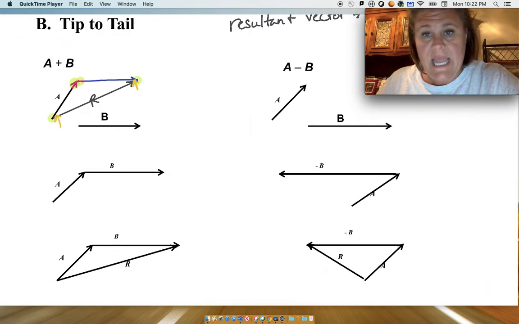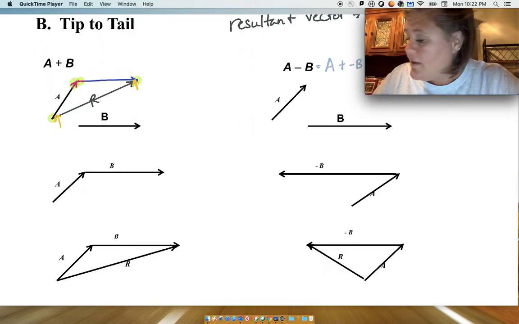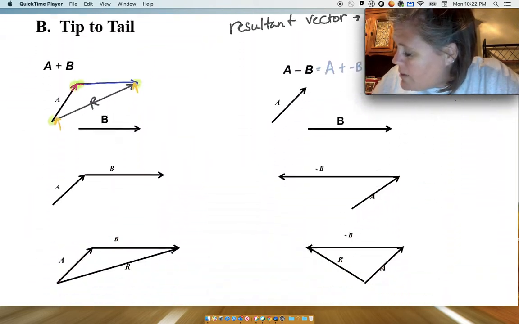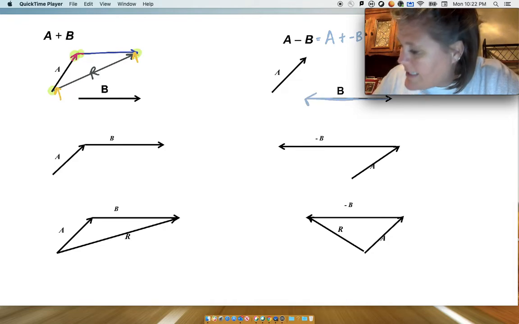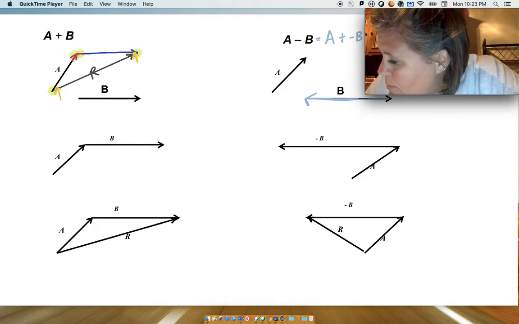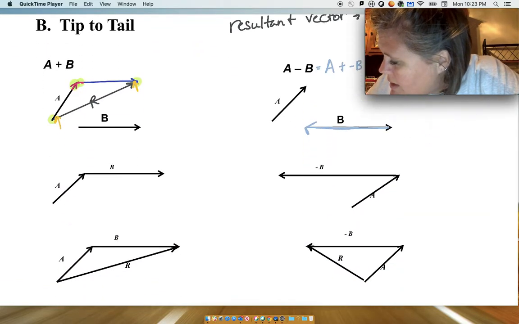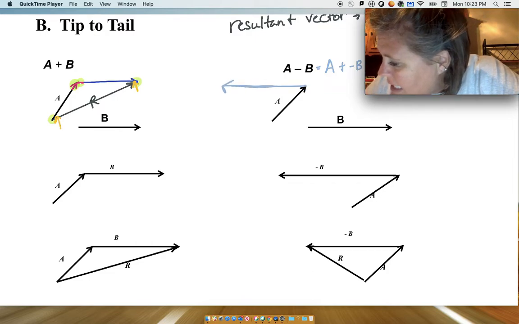Okay. Now, same thing here. If we want to take A minus B, that's the same thing as taking A plus a negative B. So what we're going to do is flip B around. We're going to rotate B a whole 180 degrees, or in the opposite direction. Now we're going to move vector B so that, again, we're adding tip to tail.